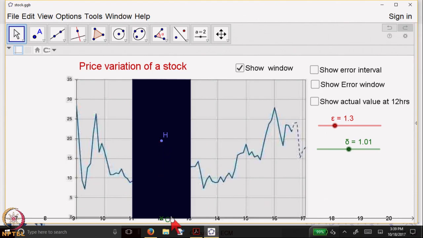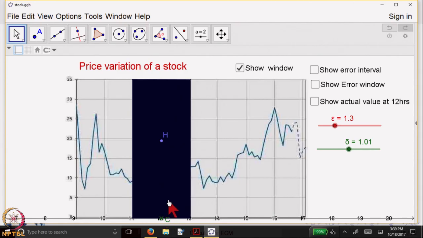I have the data available for the price of the stock from 9 o'clock to 11 o'clock, and then from 1 o'clock to 5 o'clock. Can I predict some suitable value for the price of the stock at 12 o'clock?